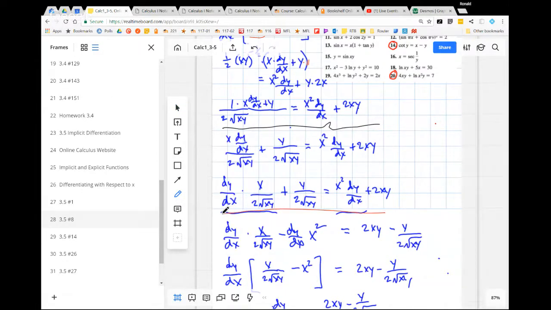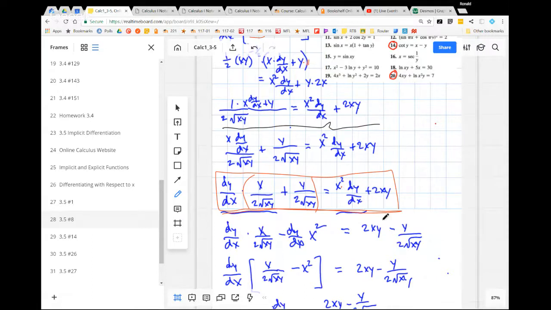When you look at this section right here, you will see that I've got dy dx 2 times. I've got it over here on the left. It's multiplied by this quantity. And dy dx is multiplied by this x squared here.